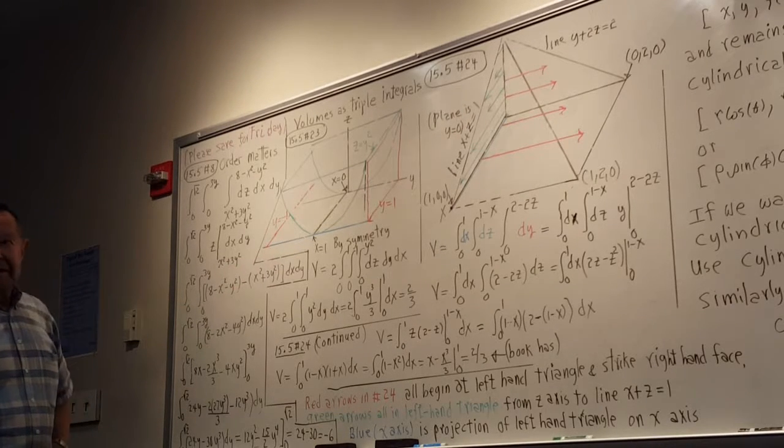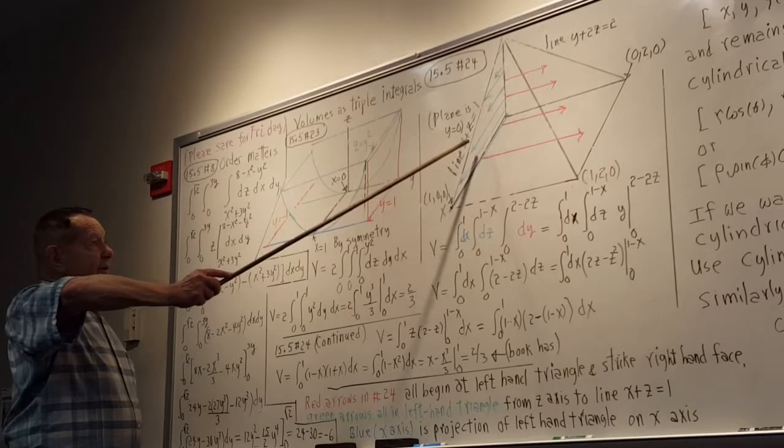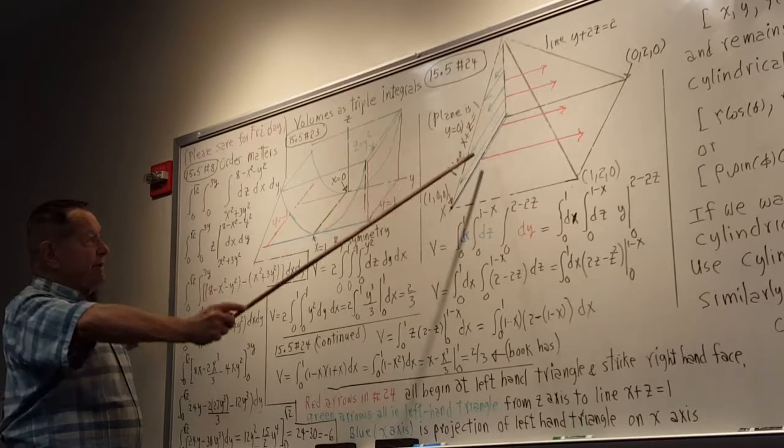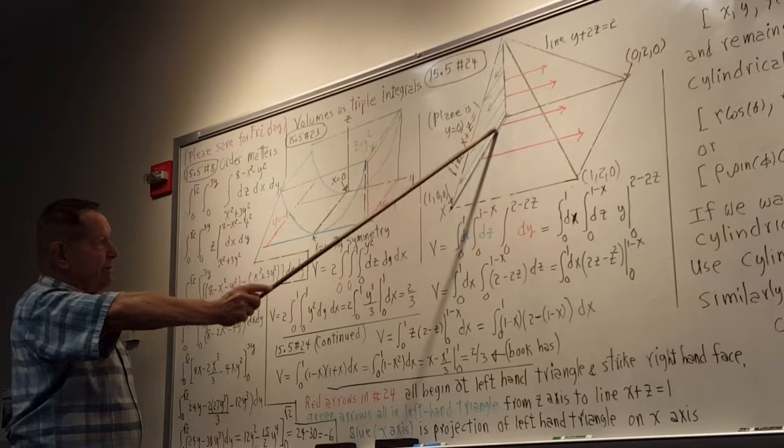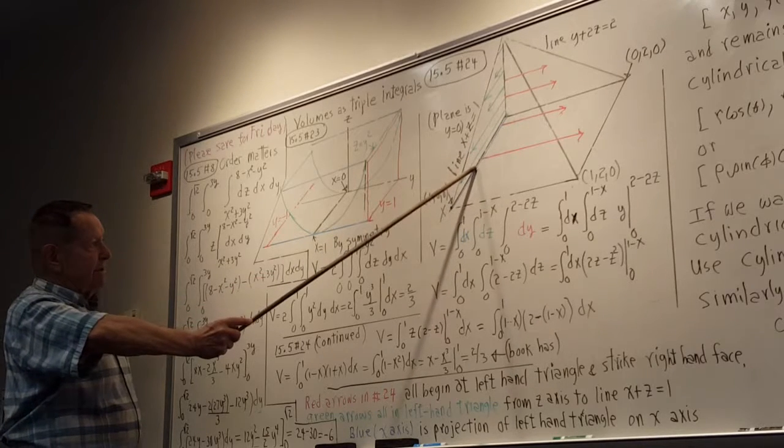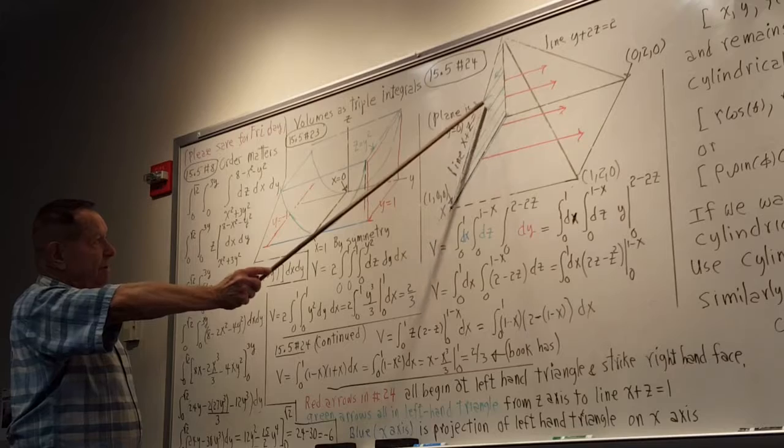So actually, in my drawing, I should have drawn the green arrows vertically. What I'm really doing is going from this x-axis up to the line.